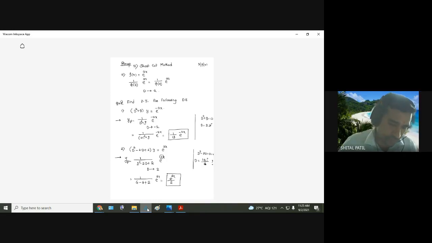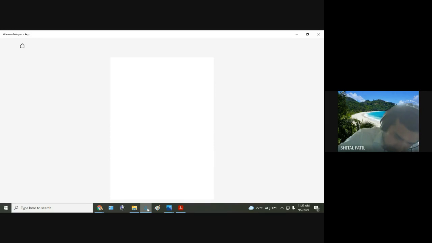Okay, so third. Now I am expecting the answer to this question from you. Try to solve this. Question number 3. D square plus 16y equal to e raised to, okay, small change, minus sign, please make the small change.